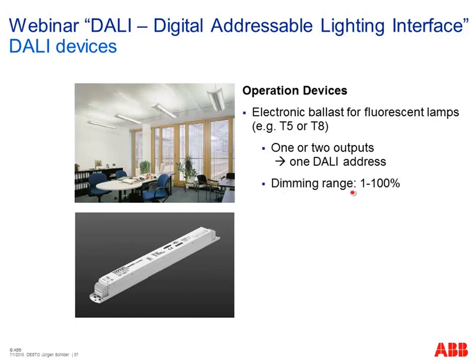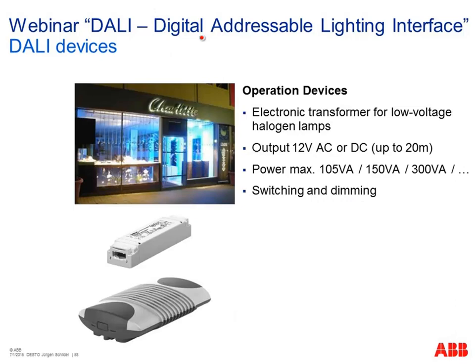And here it depends on the dimming range, maybe between 1 and 100%. But sometimes it makes no sense to dim darker than 10%, and then you can change the dimming range via the master configurator.